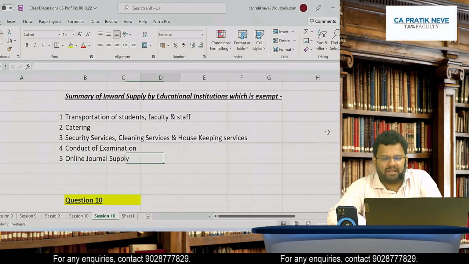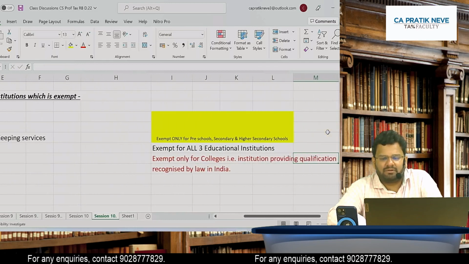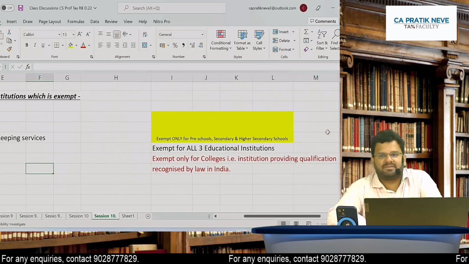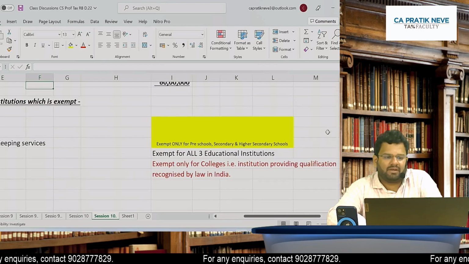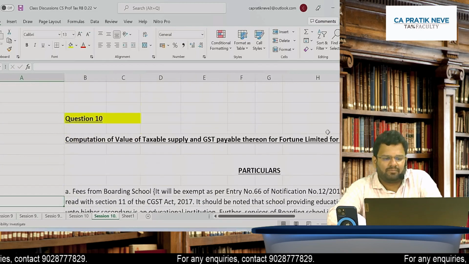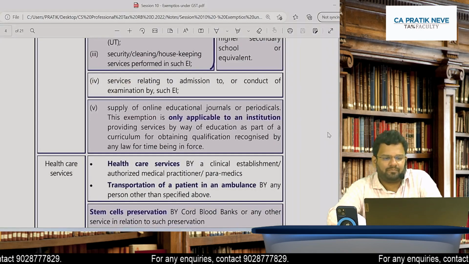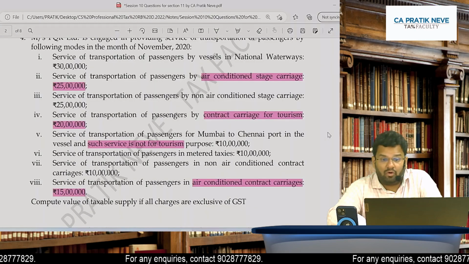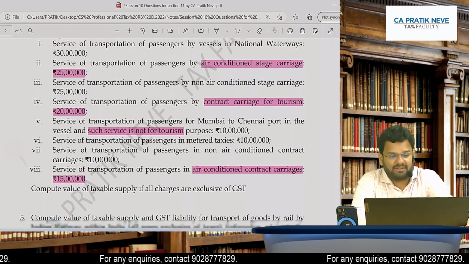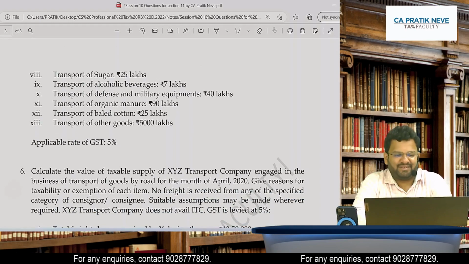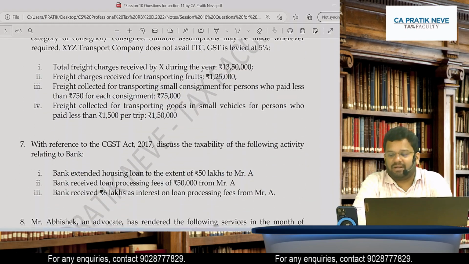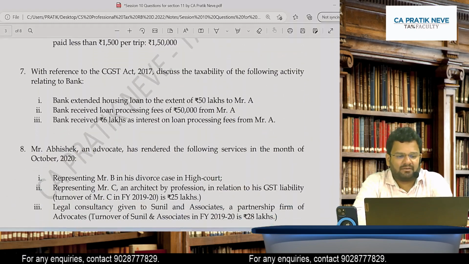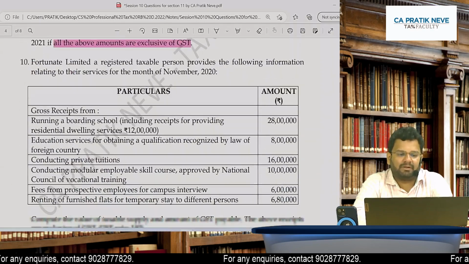And as you know, online journal will be exempt only for colleges. This is the way you have to understand these services. So I hope that education services are clear to you. Don't worry, you get one more opportunity to understand it with the help of an example.